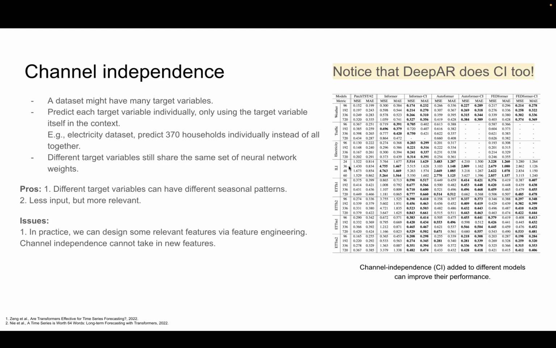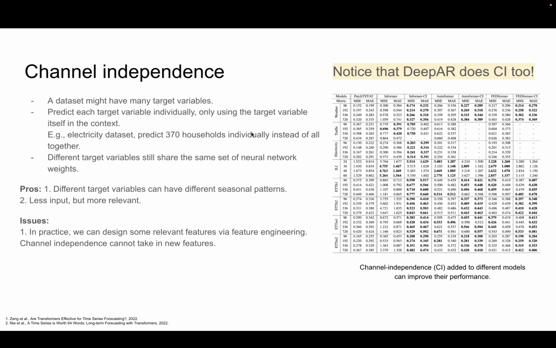However, if we think about applying this channel independence technique to real world data sets, there are some issues. In practical scenarios, most of the time we want to do some feature engineering and add some features to the existing data set.